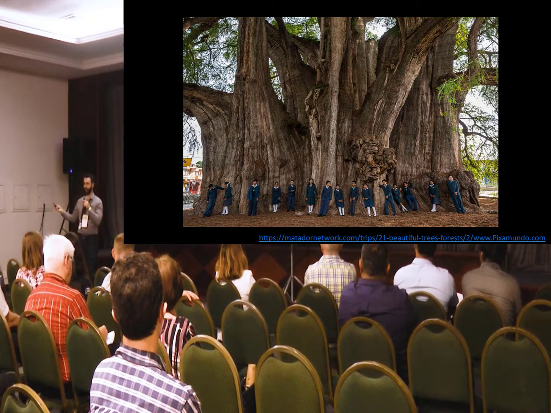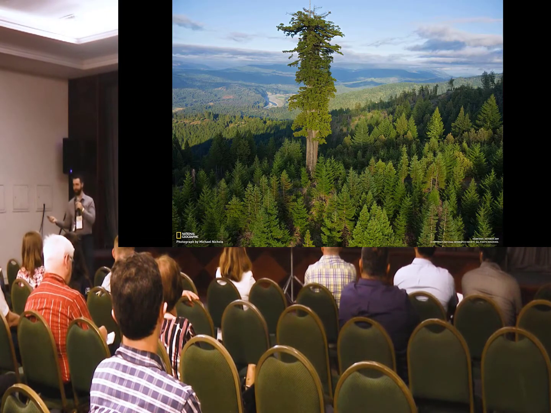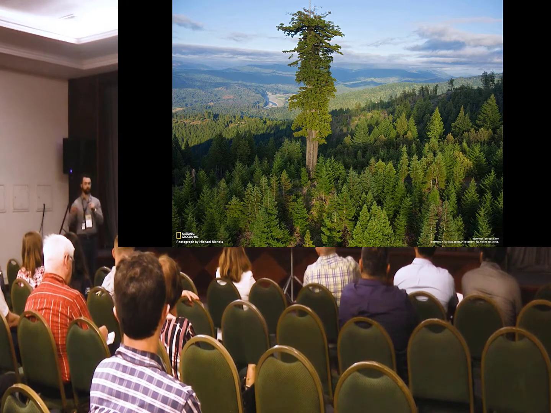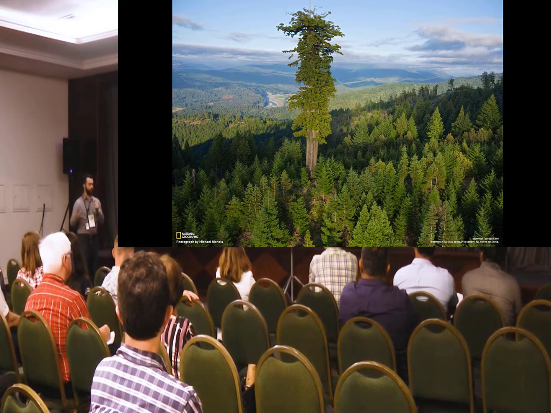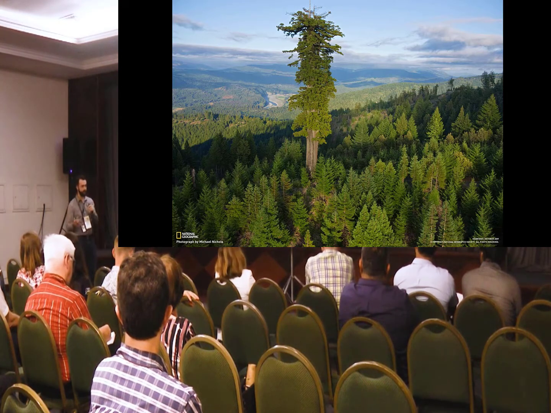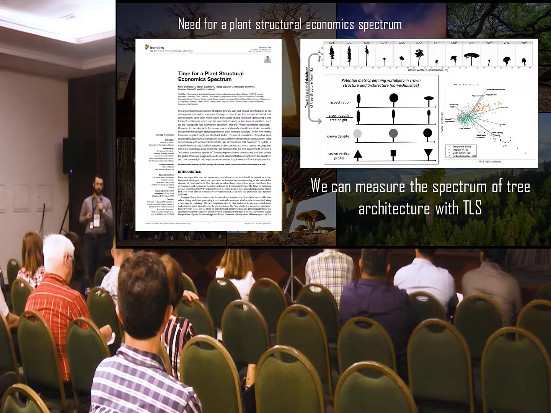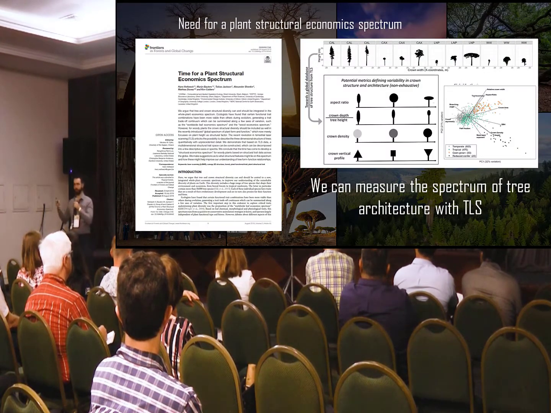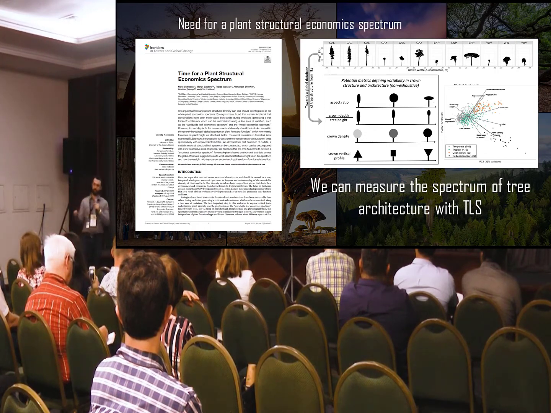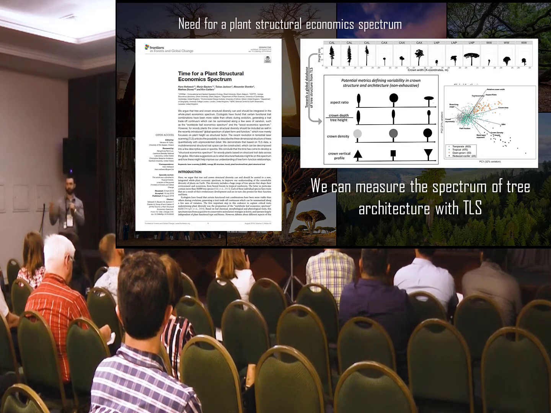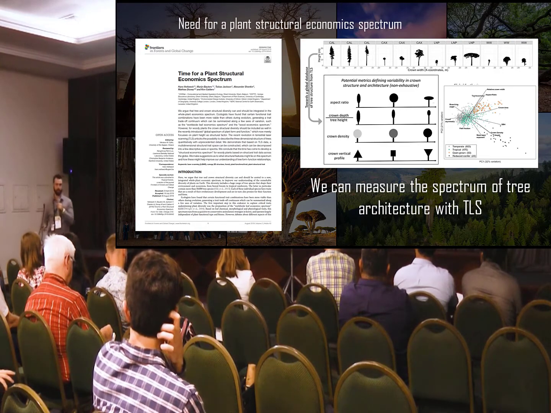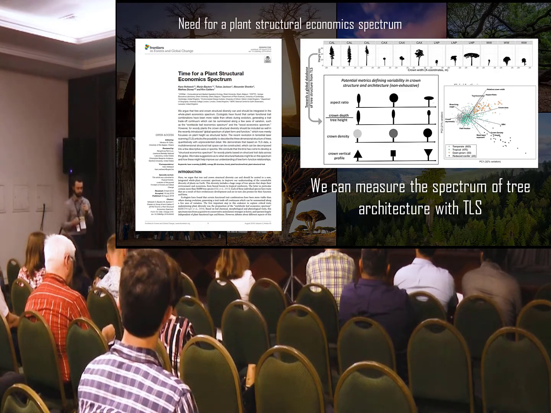What is the DBH of that? I don't know. To the tallest tree on Earth that we know of. We see this huge array of different crown architectures, and the idea is to try to characterize all these different architectures in a way that's quantitative and consistent, and systematic, so we can ask interesting ecological questions about those trees.